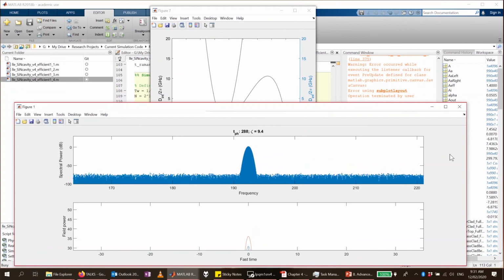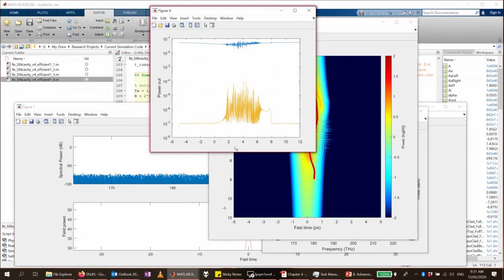Well, okay. Maybe the pulse is too narrow. Well, either way, I think this was something I was working on, actually, to be honest.